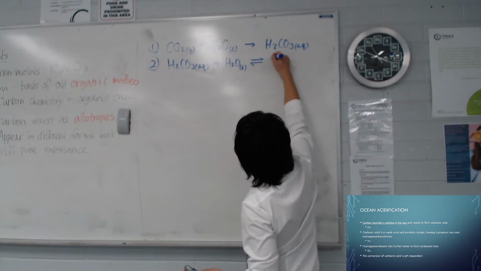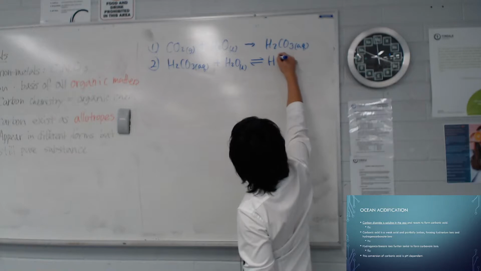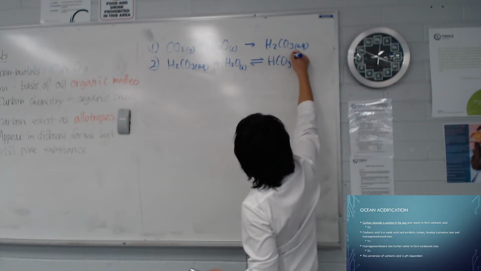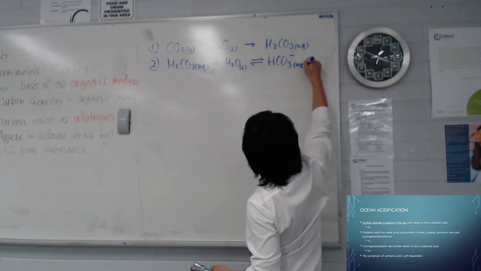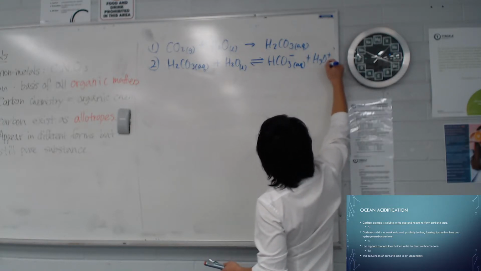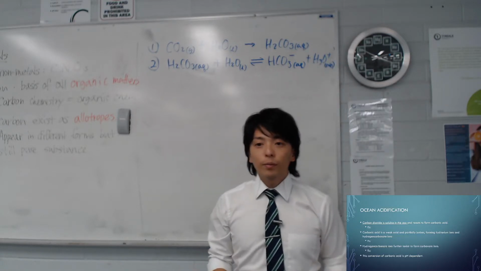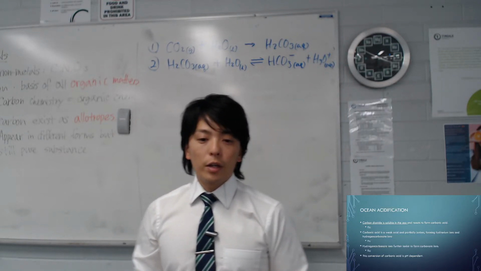If you take one hydrogen out of carbonic acid, you should get HCO3- dissolved plus H3O+, which is the hydronium ion. So that's the second equation.